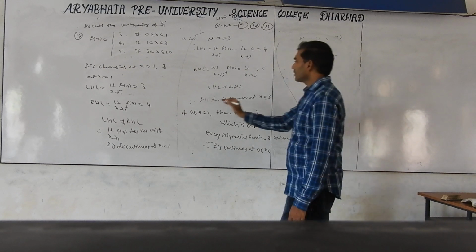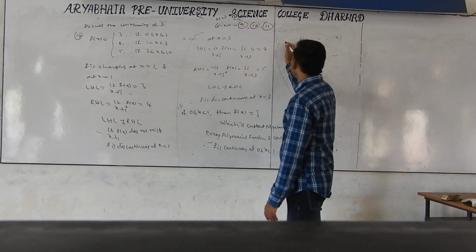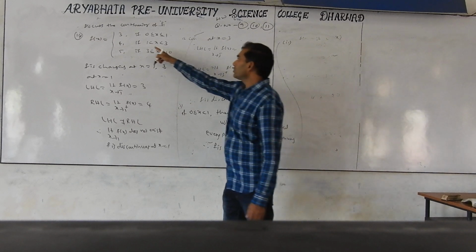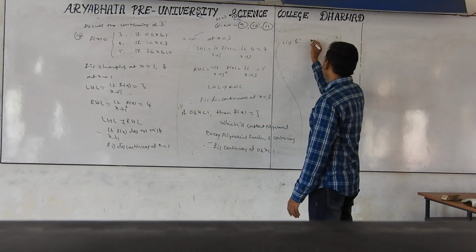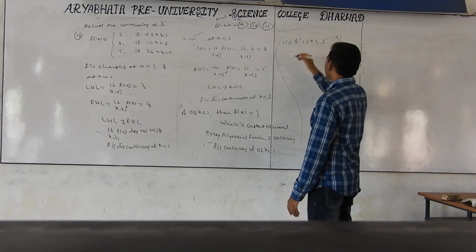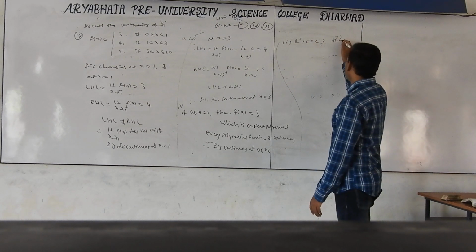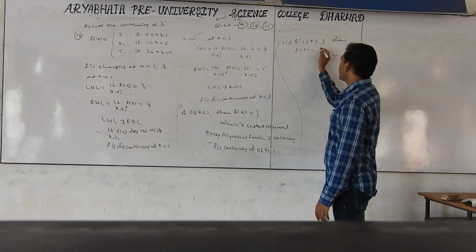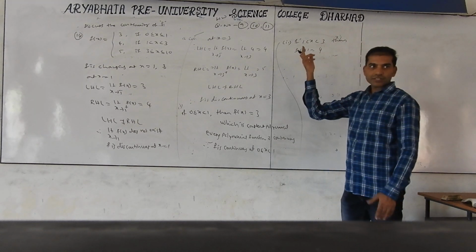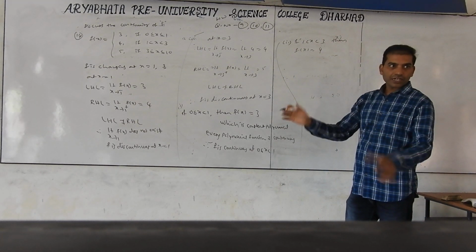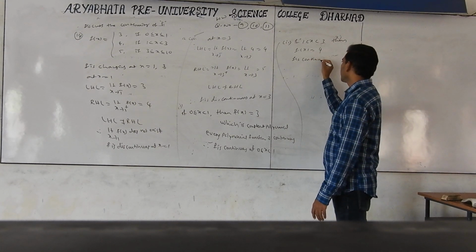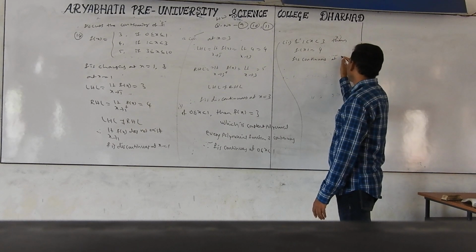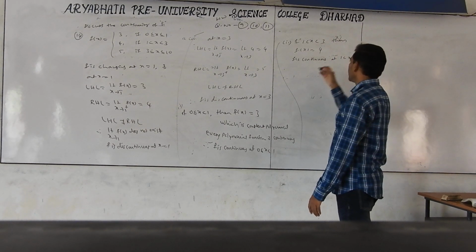Next case. The second case is between 1 and 3. If x lies between 1 and 3, then f of x equals 4, which is a polynomial, therefore it is continuous. F is continuous at 1 less than x less than 3.